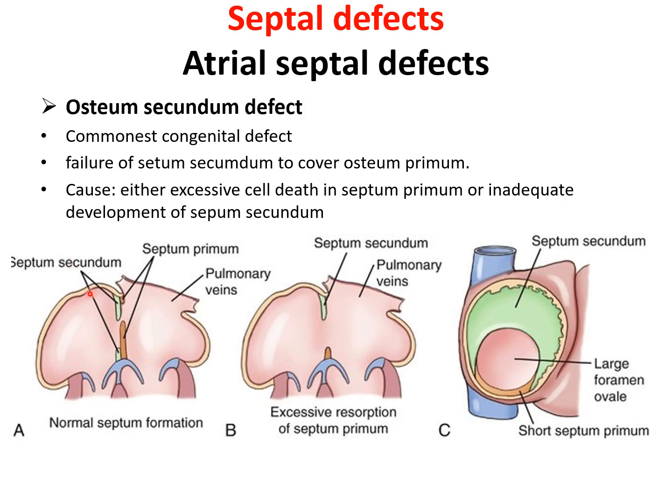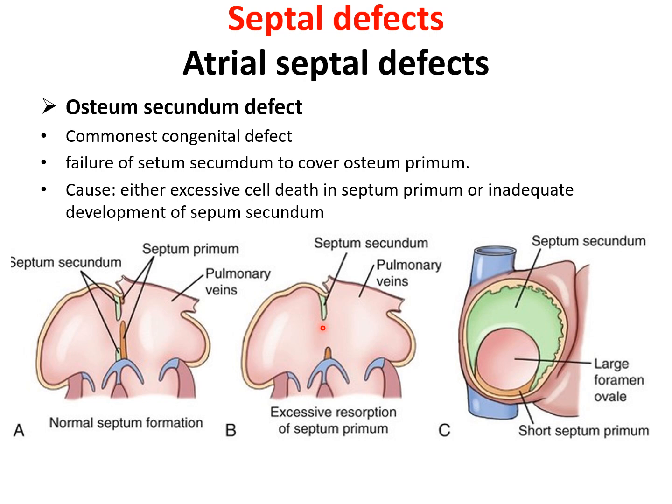Ostium secundum, if you remember, is formed within the septum primum in the upper part due to degeneration. Now, this defect can occur only if there is a large opening of the ostium secundum, which cannot be covered by the normally developing septum secundum, or there may be a small septum secundum.